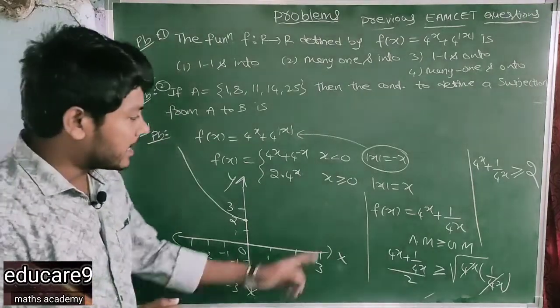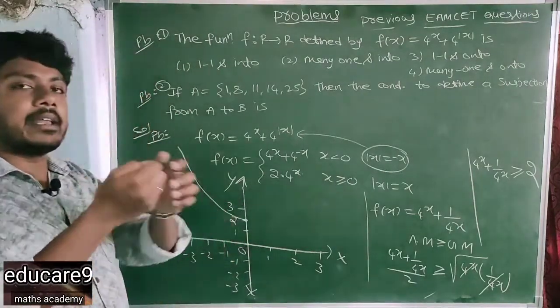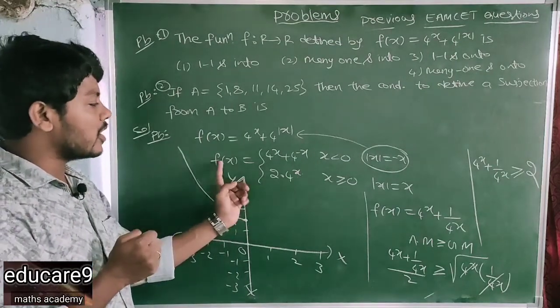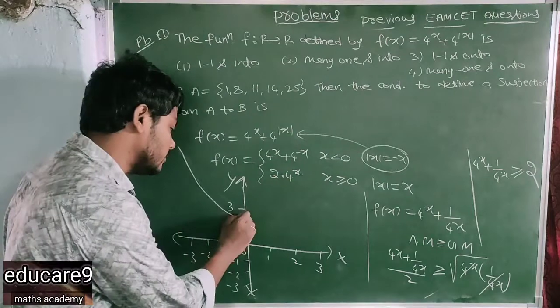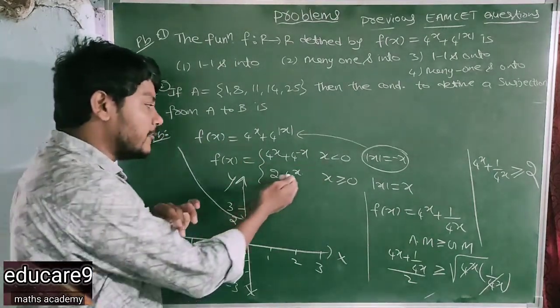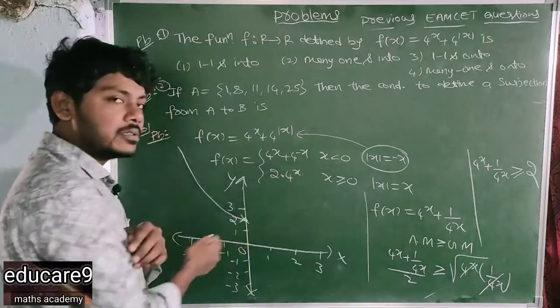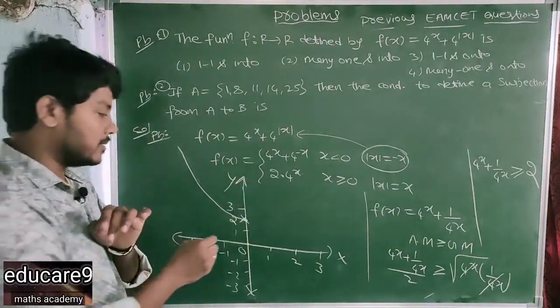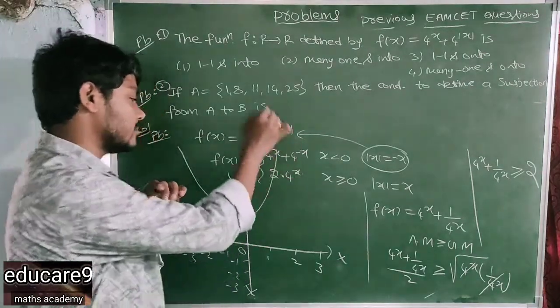Next, second case, x is greater than or equal to 0. For example, let x be equal to 0, then f of x value is 2 only. X greater than 0 means if you increase the x values, then f of x values are also increasing. So like this.